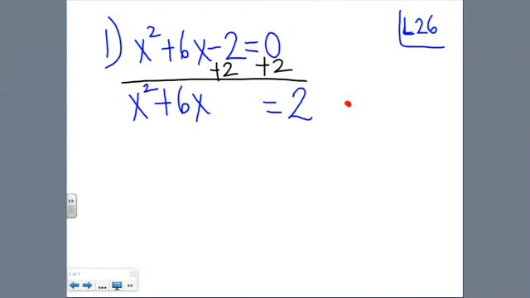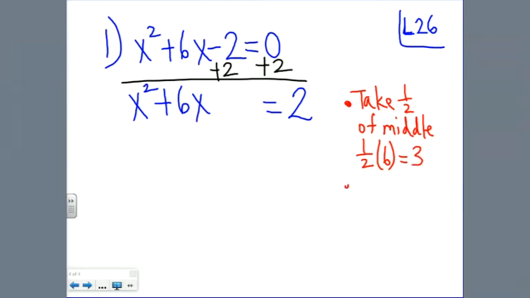Now we're ready to complete the square. So step 1, take half of your middle number. So half of 6 is equal to 3. And to complete the square, square the number that you took half of.